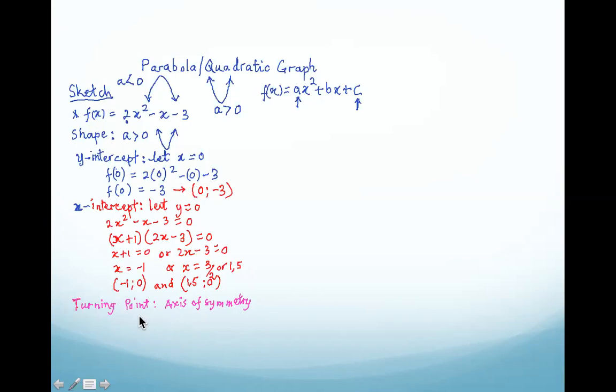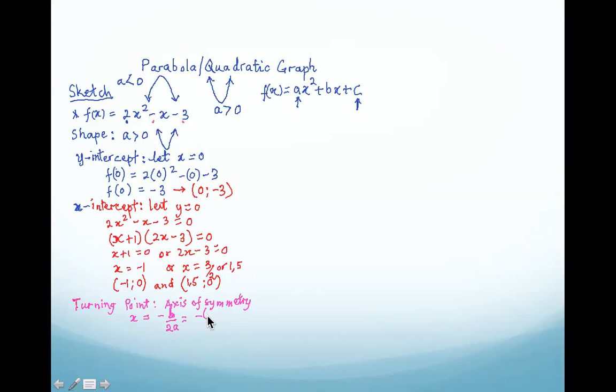So what we need to do quickly is to say the formula: x is equal to minus b over 2a. Now look quickly. In the formula I have minus, but what is b here? This is a, this is b, and this is c.